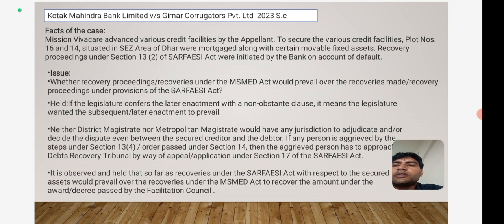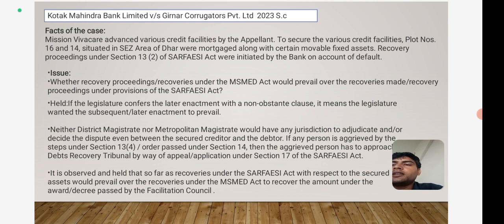Recovery proceedings under Section 13 of the SARFAESI Act were initiated by the bank on account of default. Issue: whether recoveries under the MSMED Act would prevail over recovery proceedings under the provisions of the SARFAESI Act.